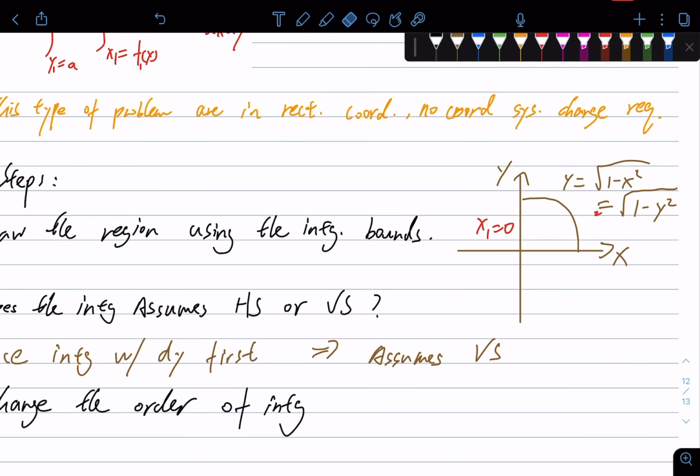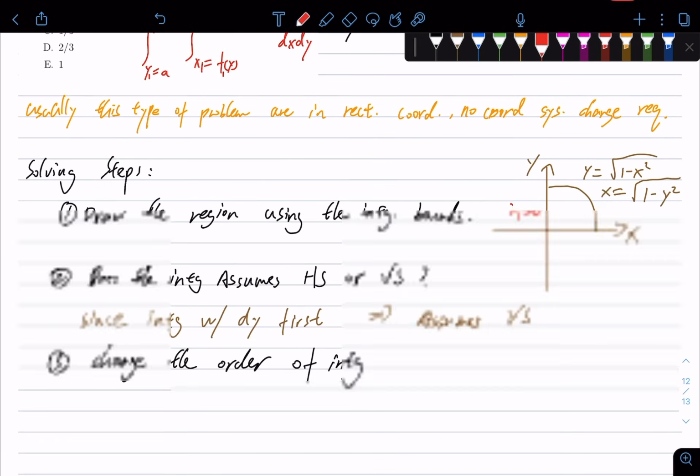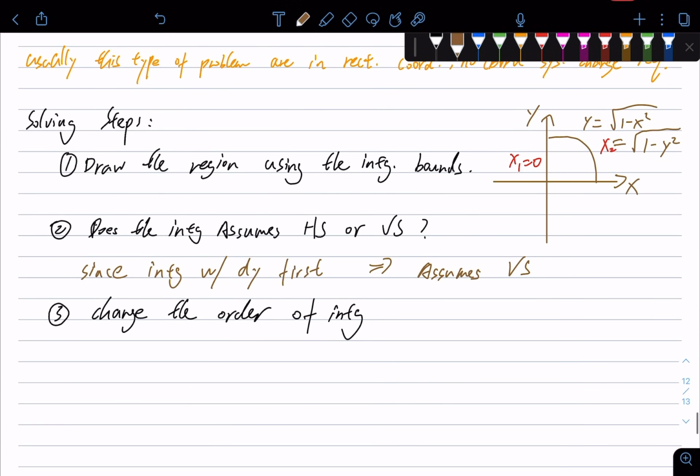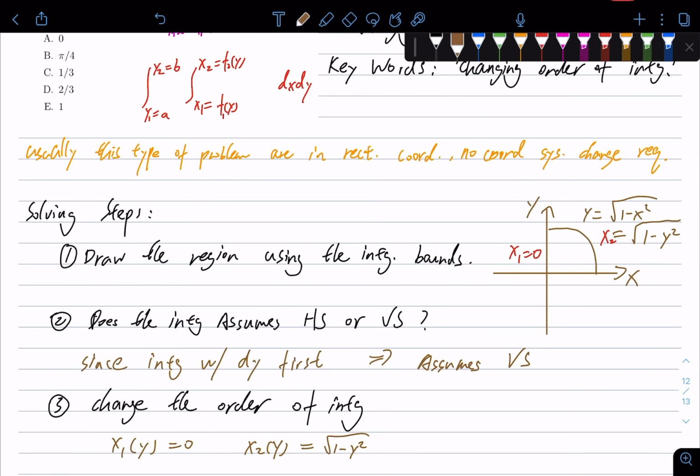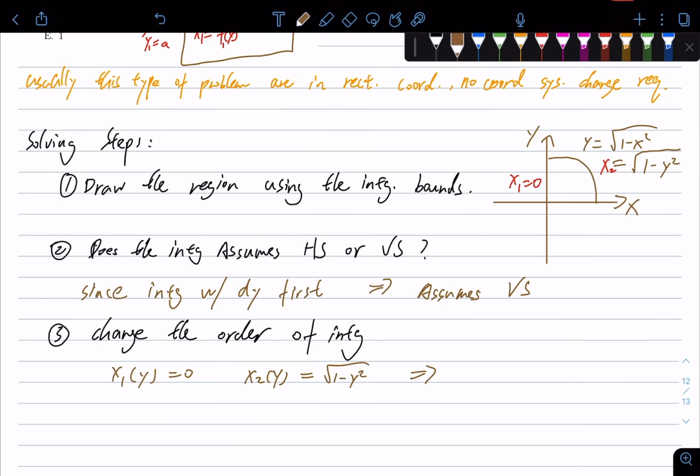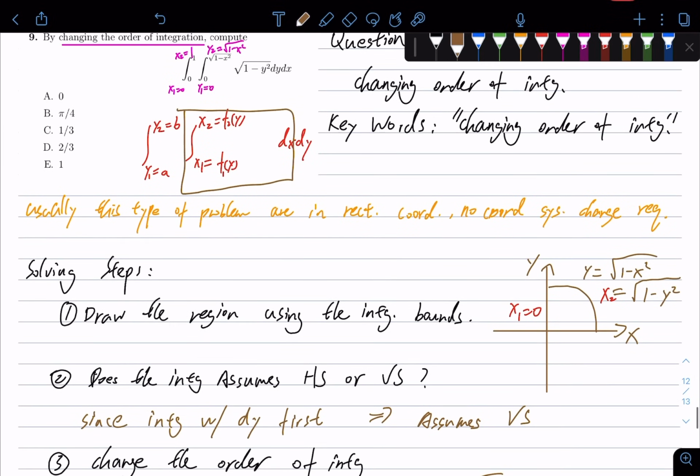So x1 as a function of y equals 0, and x2 as a function of y is the square root of 1 minus y squared. So the inner part of our integral will be the integral from 0 to the square root of 1 minus y squared dx.